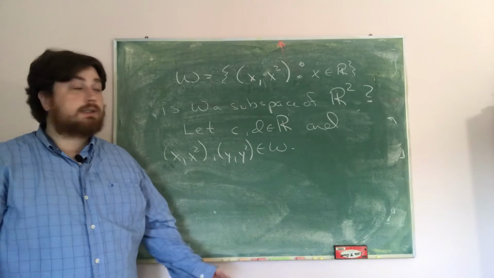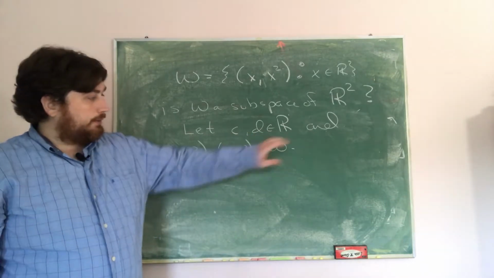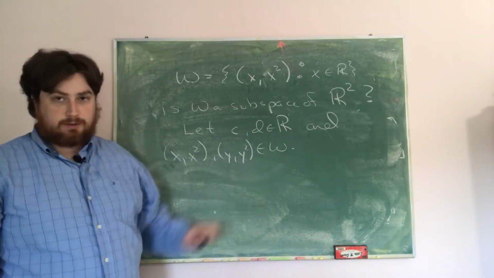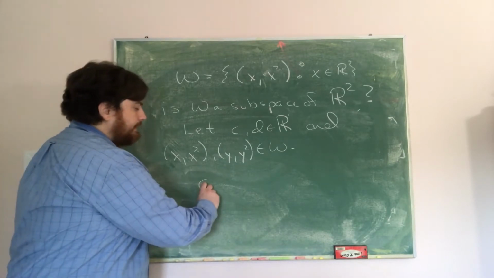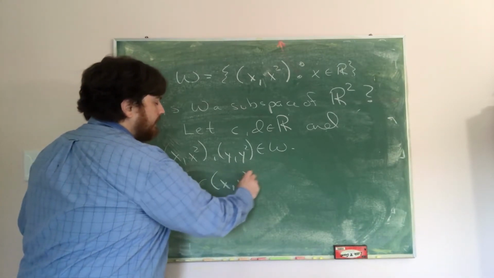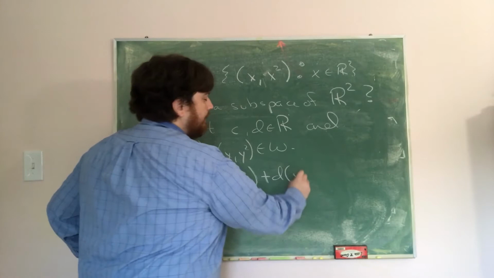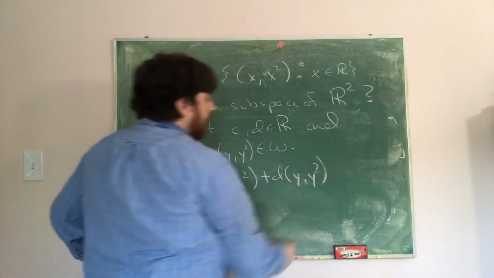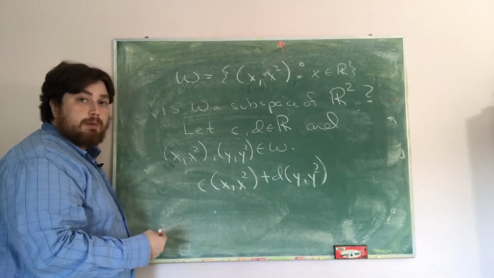So now we move on to the next question. Let's suppose I have two real numbers and two vectors in W. What's going to happen if I take C times (x, x squared) plus D times (y, y squared)? If I add those together, do I again end up back in W?